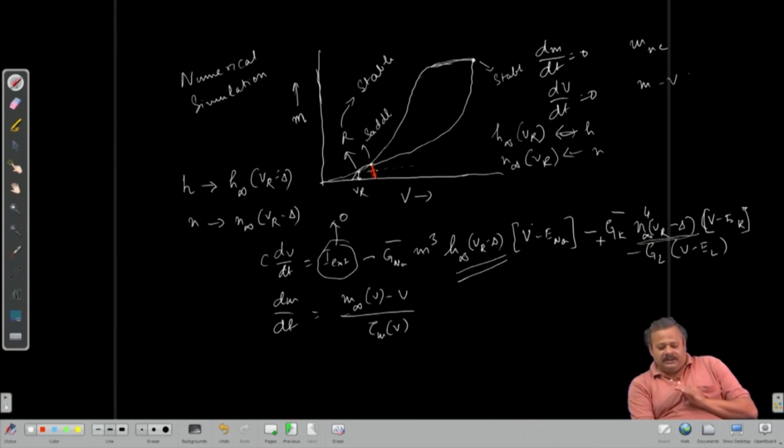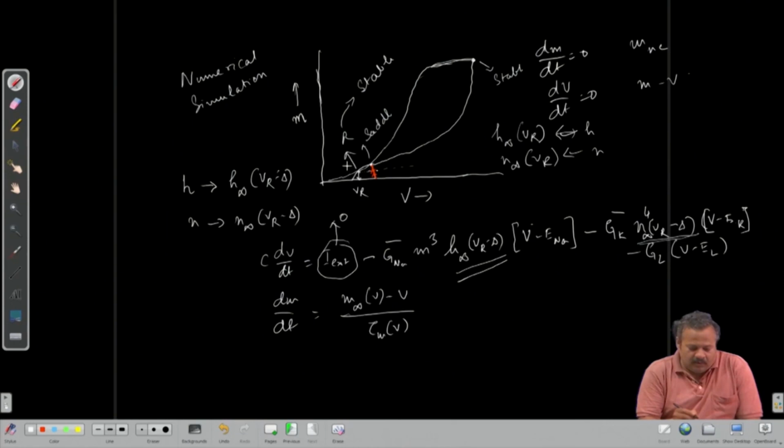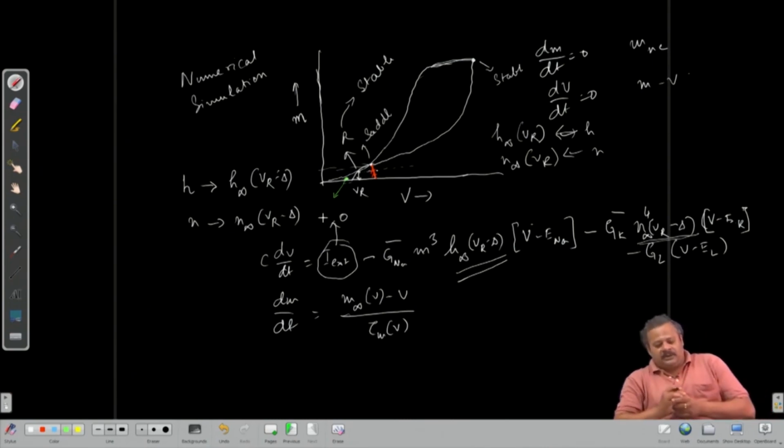What happens in this case is that we are now starting the system at a slightly lower value of m, from 0.1, and at VR minus delta somewhere here. This is where the system is, the green dot, at the end of the current clamp, which we had shown by the circle in green.